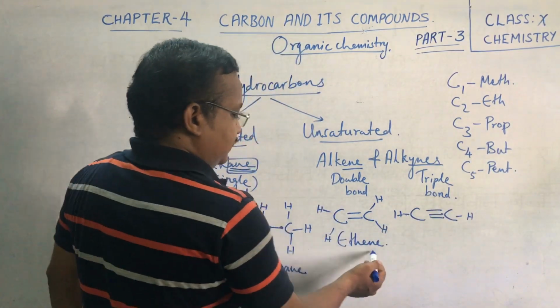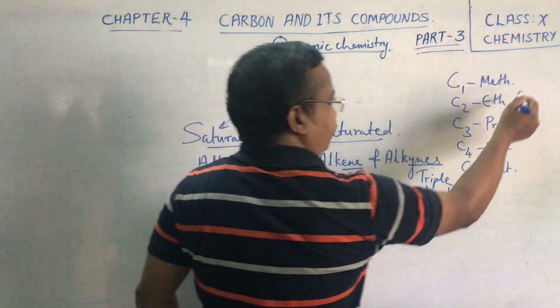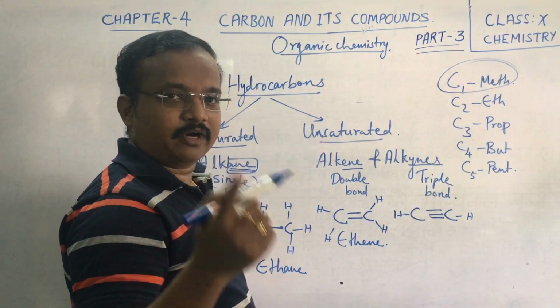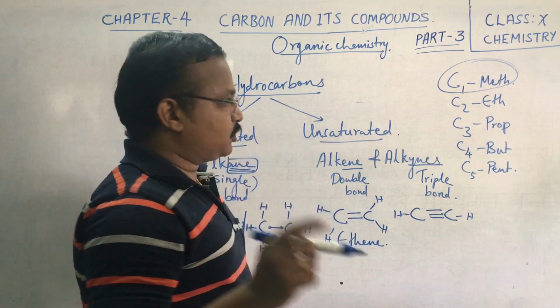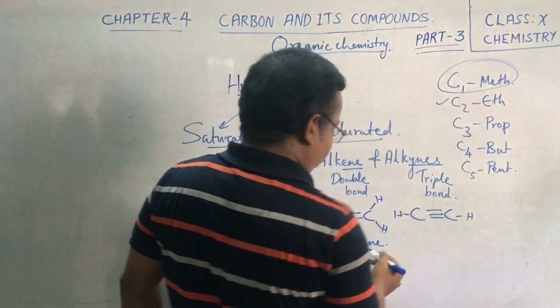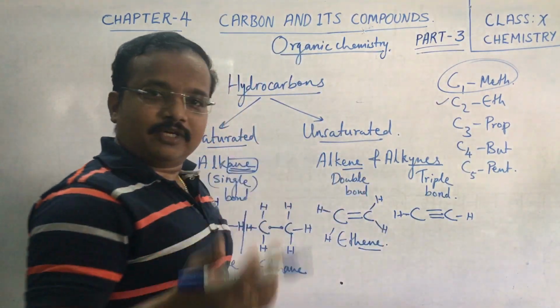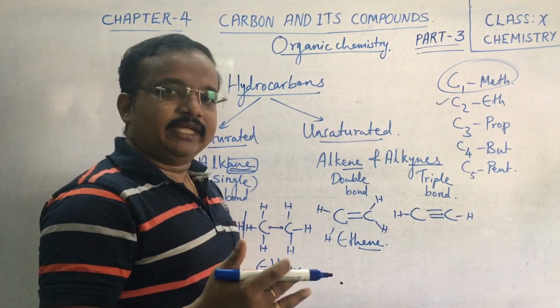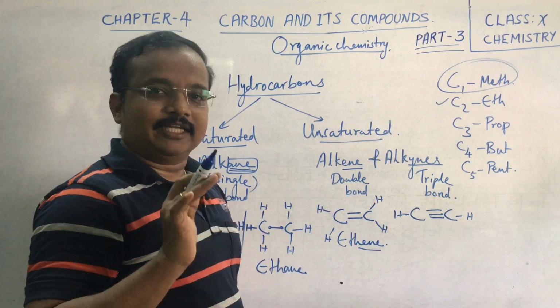And if it is a double bonded compound, methane you can avoid, because only a single carbon is there, so double bond formation is not possible. So C2 onwards you have to consider. Ethene, then next one, can you tell me? That is okay, propene, then butene, pentene, like that it will go.